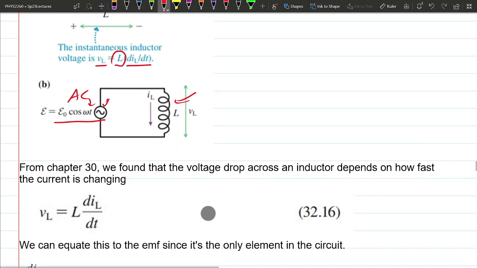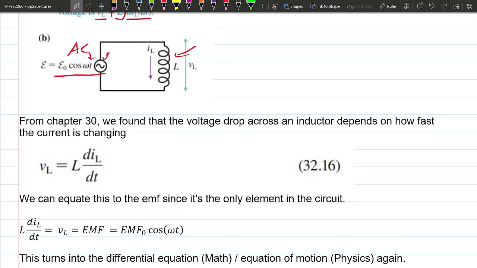Since we only have one component, we found that whatever the EMF is as a function of time is going to be equal to the voltage drop across that inductor as a function of time. That's just from using Kirchhoff's law. I can even start here.